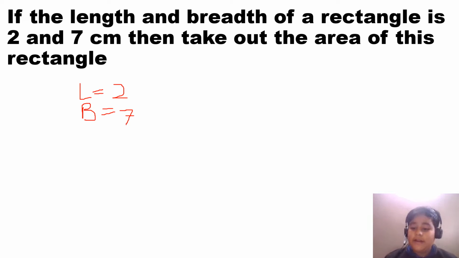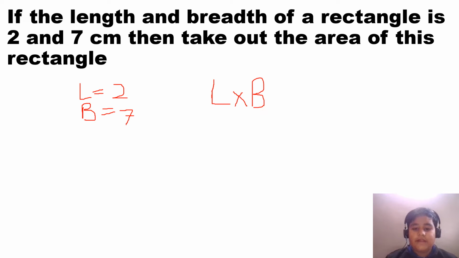As we have learned in our previous slide, the area of a rectangle is length into breadth. Depending on this, the length is 2 centimeter and the breadth is 7 centimeter.